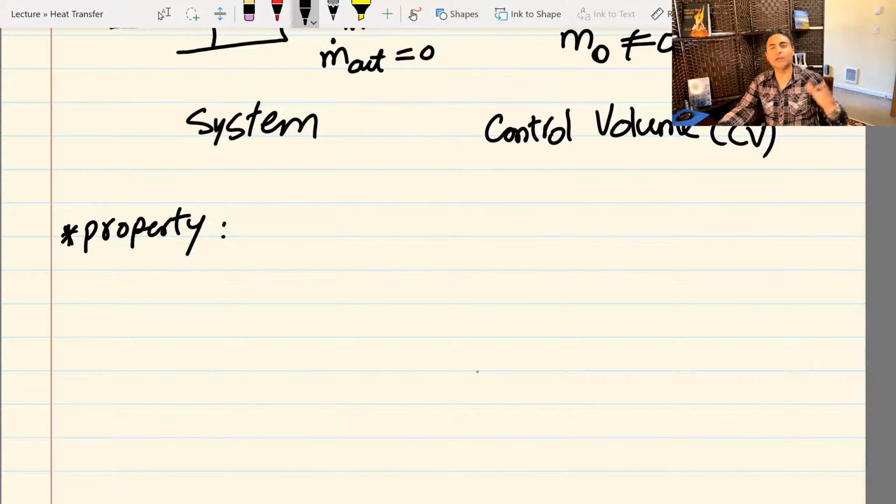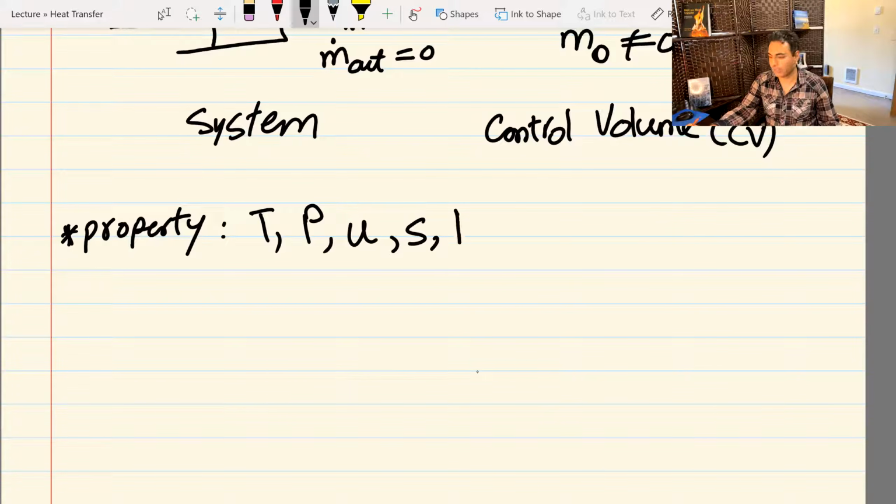Go back to thermodynamics and review what the property was, but just to give you an idea, and you already know it, temperature is a property, right? Pressure is a property. Internal energy is a property. Entropy is a property. Enthalpy is a property. All of it, even velocity that I'm showing by like capital V here, is a property of the mass that comes in, goes out, or the mass inside the system.